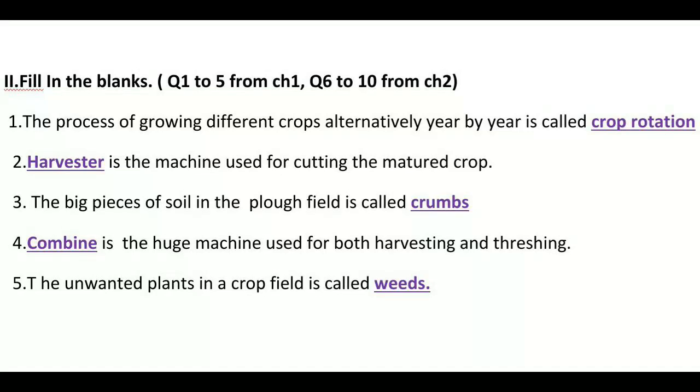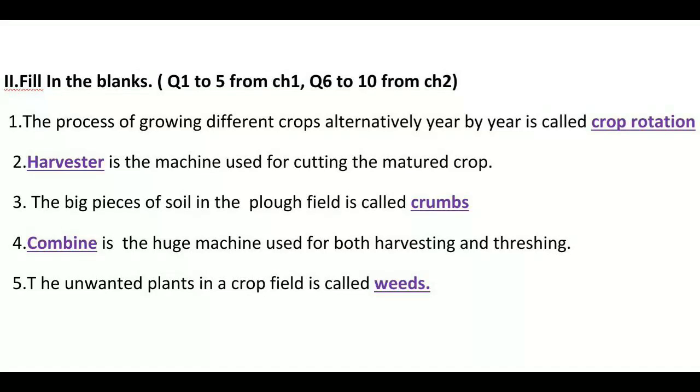It reduces the time consumption and it reduces the manual work also. So in large fields farmers use the combine, which helps reduce the manual work and also the time consumption. So in a short time they can harvest and do threshing also, and they can sell at a better rate.